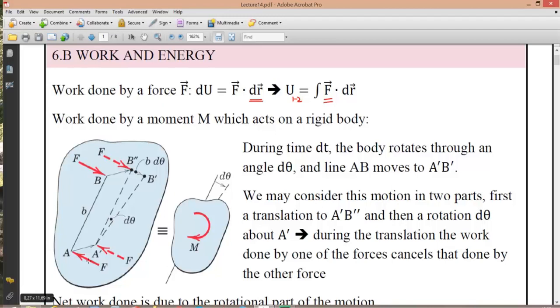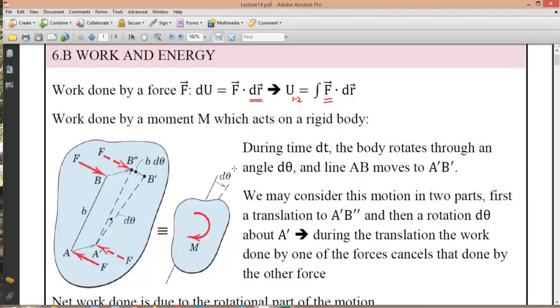These forces act in opposite directions, and as a result they generate a moment and make this rigid body rotate. It might also be in motion, and as a result it will move from AB to A prime B prime, and then rotate as a result of this moment because of these force couples.